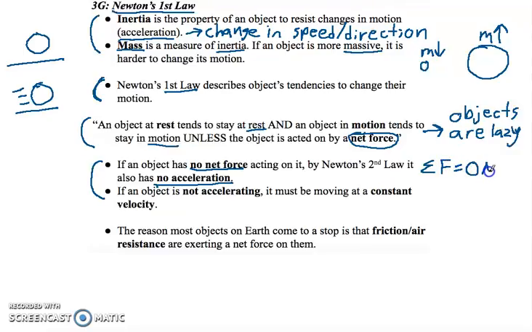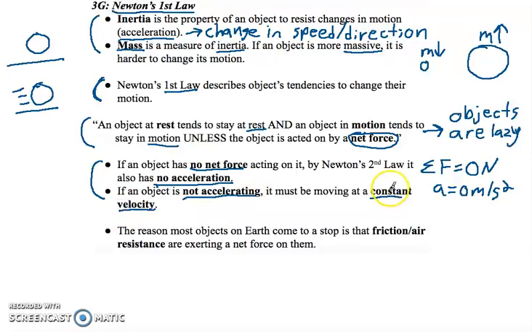If there's either no forces or they cancel out to zero, that really means you have no acceleration. And if an object is not accelerating, it's going to be moving at a constant velocity.